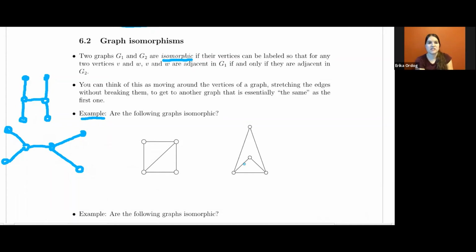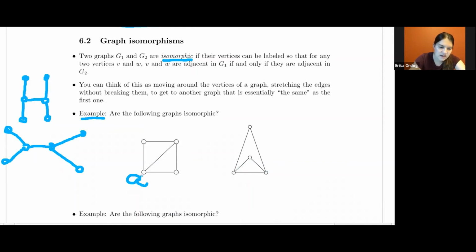Okay, so it turns out there is a labeling for this graph. You want to think about which vertices in this graph are basically the same as ones here. We could think about which vertices are connected to the other ones. So let's just start by labeling this vertex here A. And we'd want to find vertex A in this second graph.